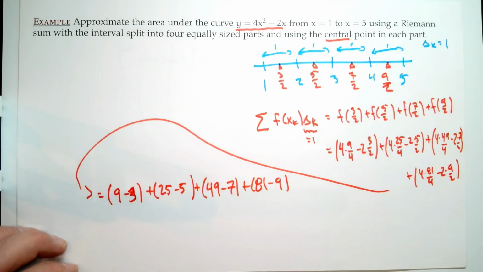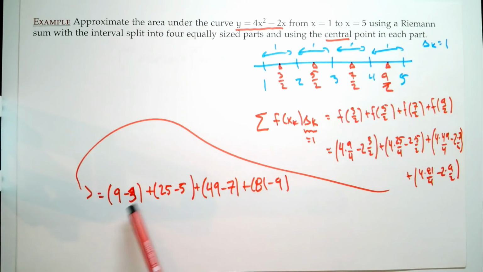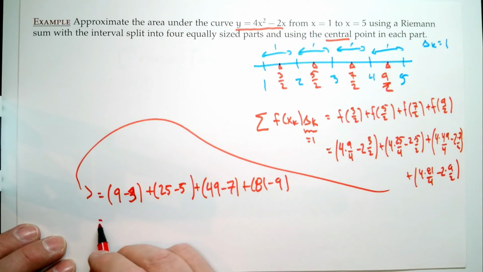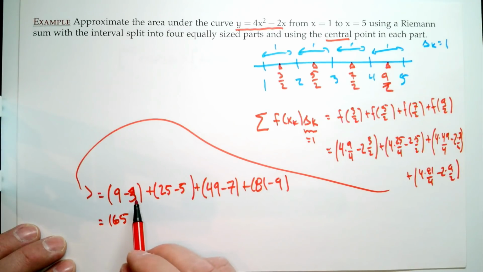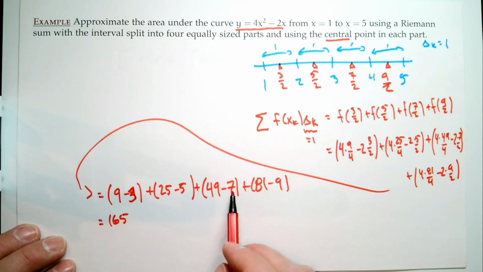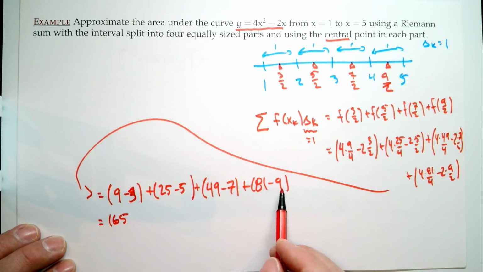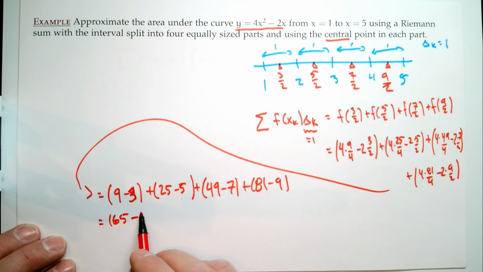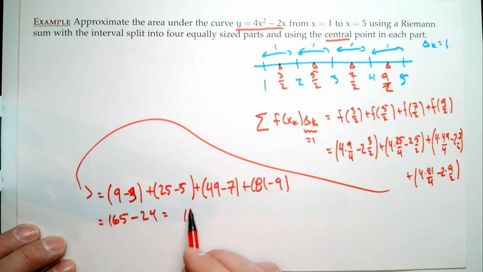And you can add these up. 9 plus 25, that's 34. 49 plus 81, that would be 130, plus 34 makes 164. And let's see, we're going to subtract 3 and 5 makes subtract 8, then minus 7, subtract 15, subtract 9 more, subtract 24. 164 subtract 24 is 140.